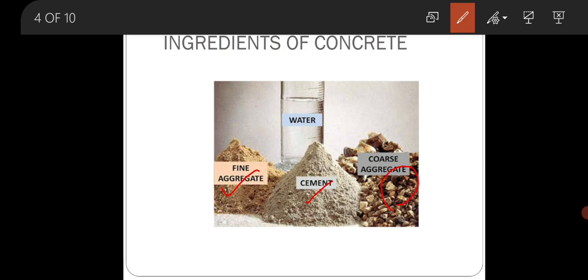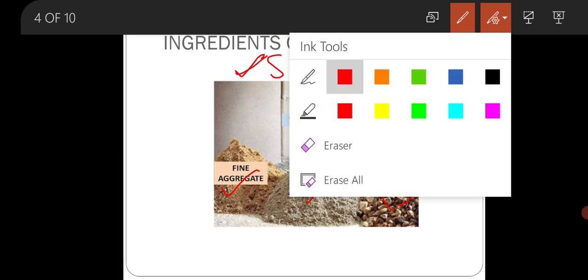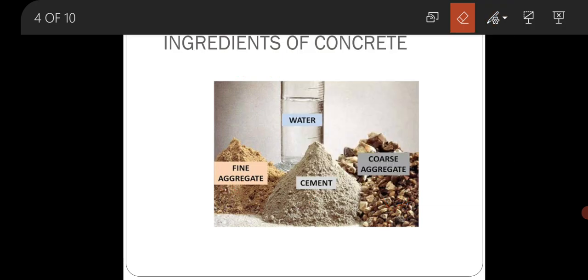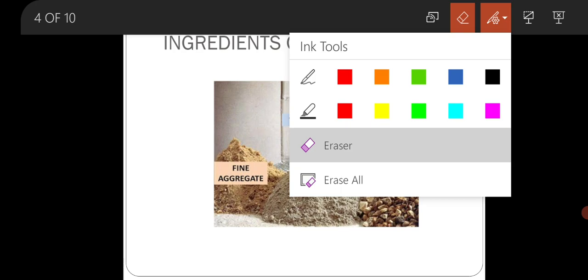That means we can easily mix it, place it, and it should be free from segregation and bleeding. All of you might have heard these terms, segregation and bleeding. One is segregation, second one is bleeding.